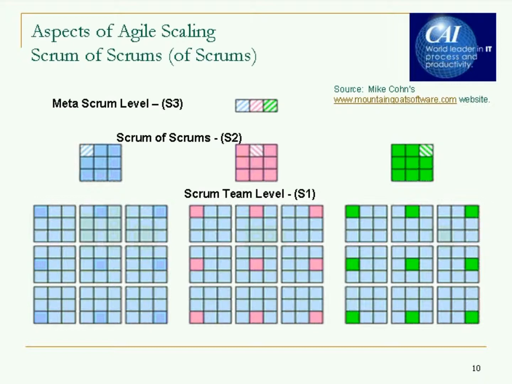The darker boxes are the Scrum Masters. You actually might want to look at them as product owners as well. So there's a Scrum Master and a product owner per team. The teams are busily sprinting, and they each have backlogs, and they each have a Scrum Master and a product owner. But then the question is, how do you integrate across those teams? How do you share resources? How do you share test resources, environments?